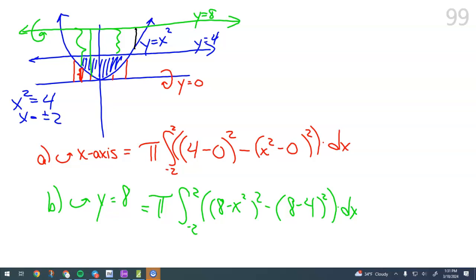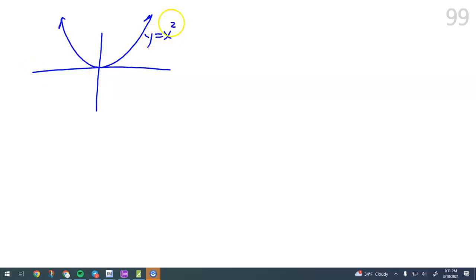Alright, I want to do 2 more, but I want to start over with my drawing because that's clutter. Same drawing. Y equals x squared. Y equals 4. Got this shape.